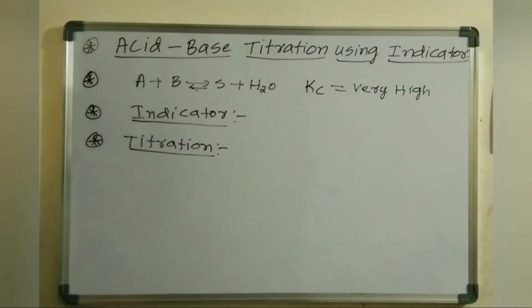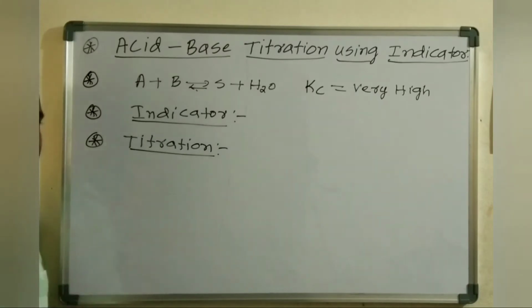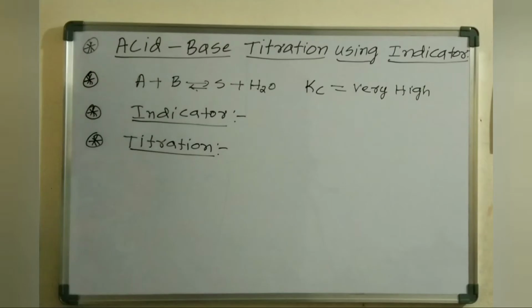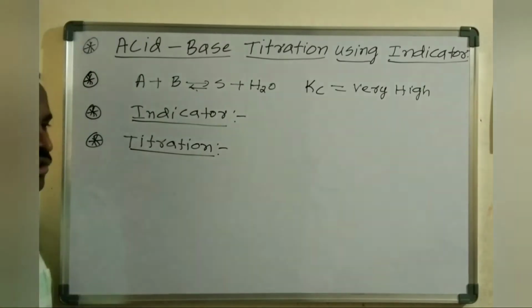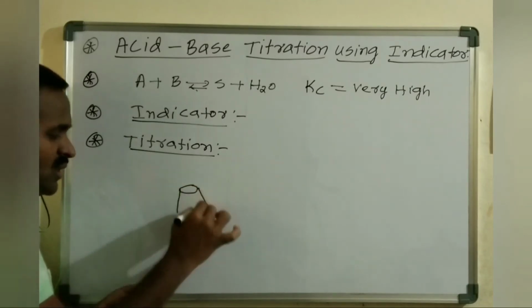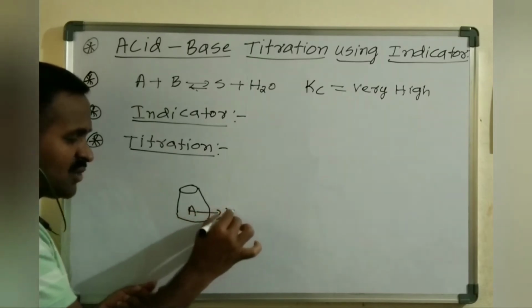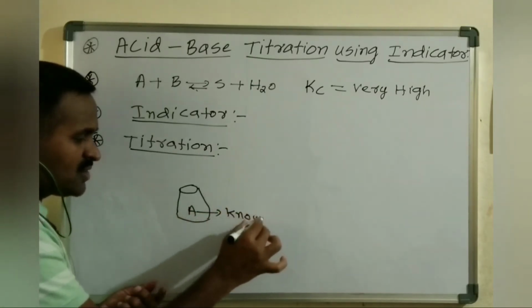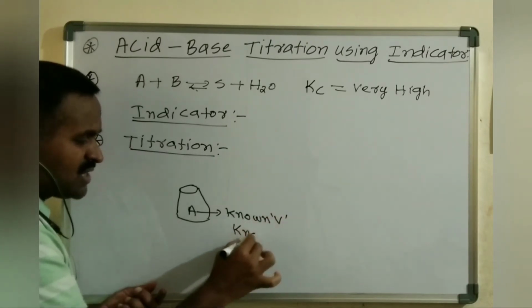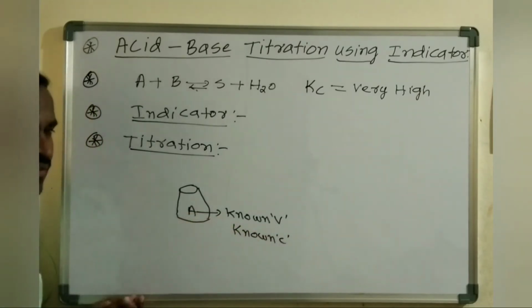Generally, in a titration, an acid or a base of known volume and known concentration is taken in a conical flask.